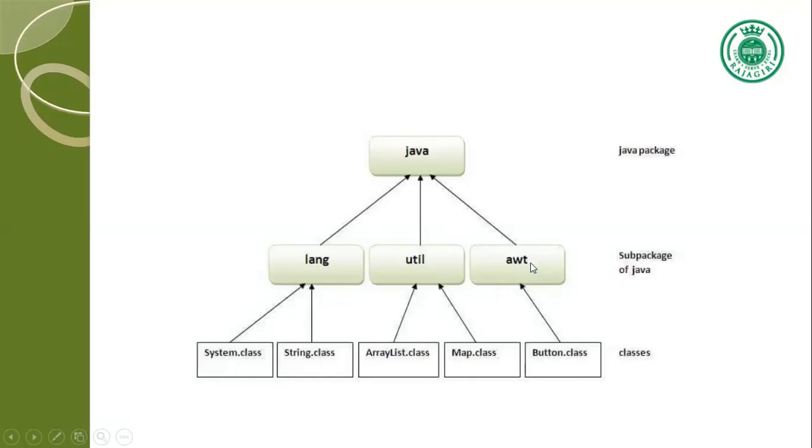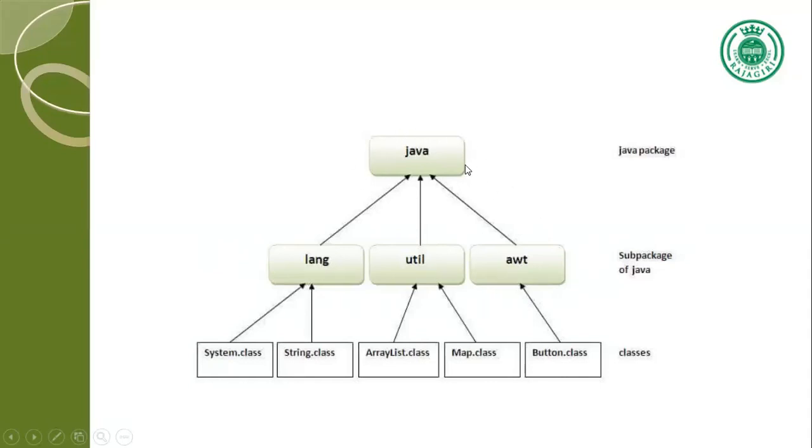AWT we normally use for graphical interfaces, for your GUI, which we will be learning later. Lang we have seen. Util you might remember, for your scanner we did utilities. Next class onwards we will see in detail about utilities. Anyway, lang, util, AWT, IO, all these are called sub packages.